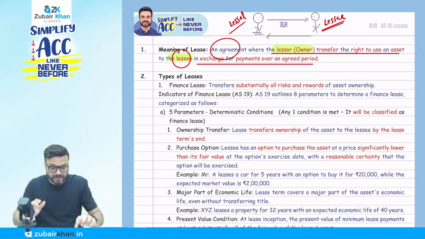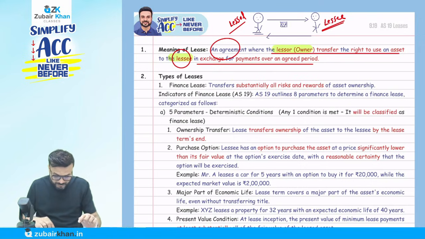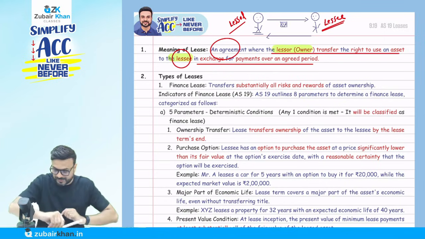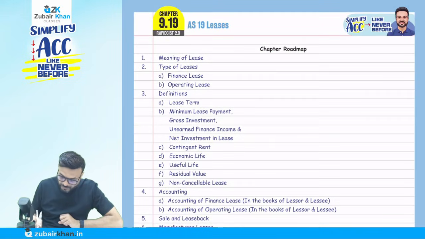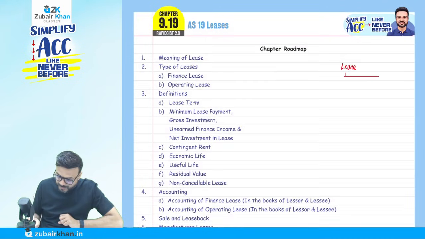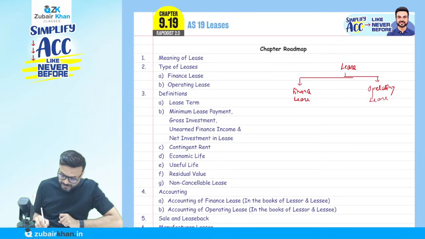So it means that four scenarios are going to be created here. You can see the four scenarios. When I talk about the lease, it can be a finance lease or an operating lease. In both of them, how many parties are there?